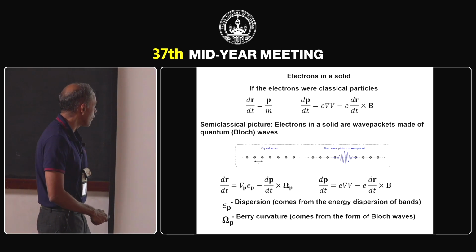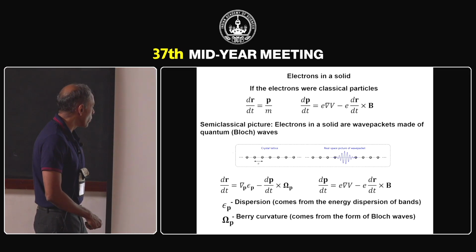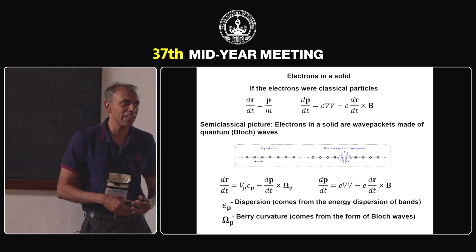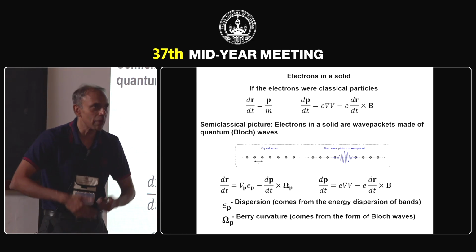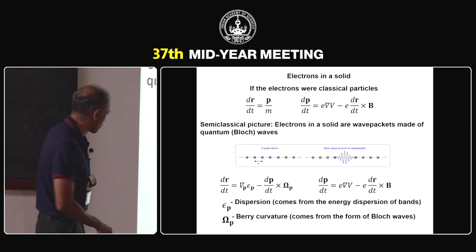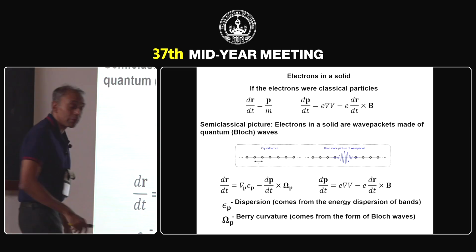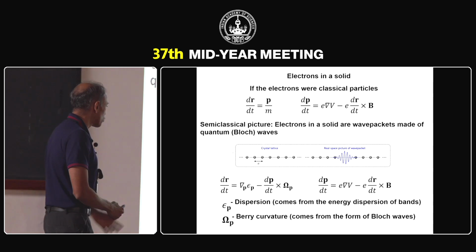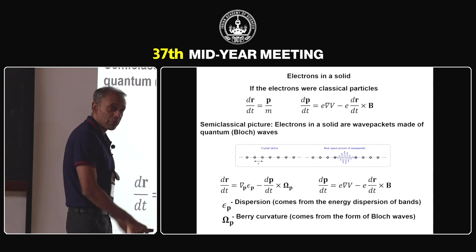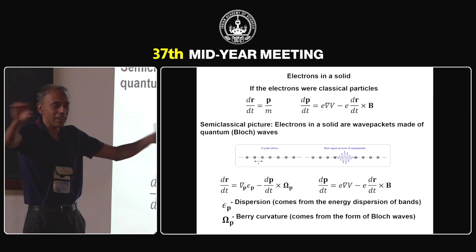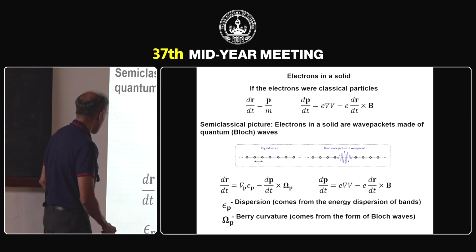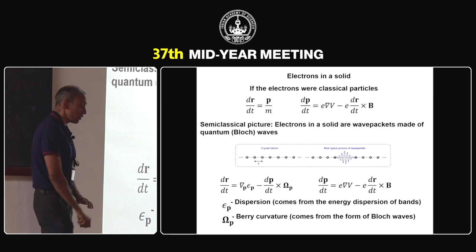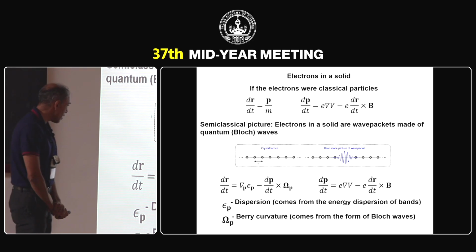You actually have this quantity, where E of p is what's called the dispersion, or in a certain sense is the allowed kinetic energy that the electron can have in this crystal as a function of its momentum, and that kinetic energy does not have to be equal to p squared by 2m. So this is what's called a dispersion relation, and it just comes basically from the fact that you have a crystal with a crystal structure. Then you also have the second term, which really has no analog here. This is something that's called an anomalous velocity.